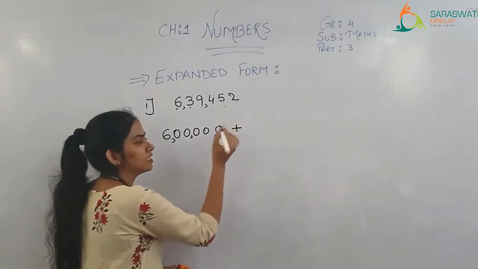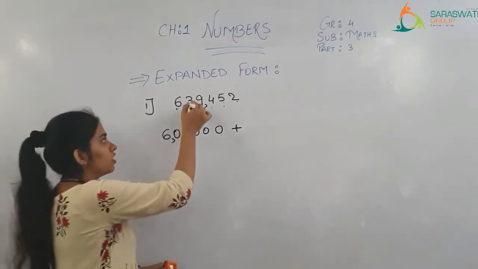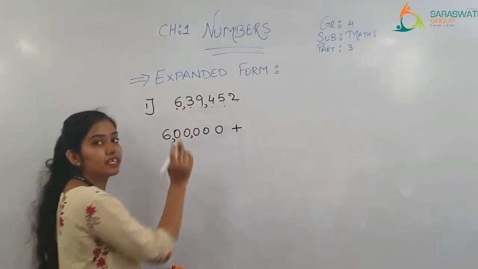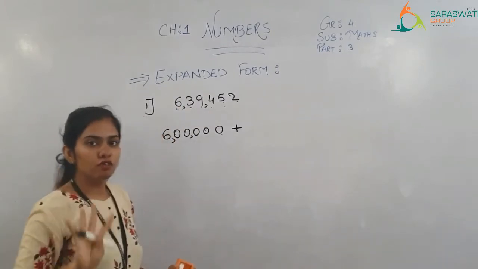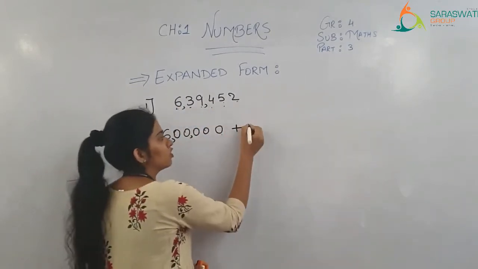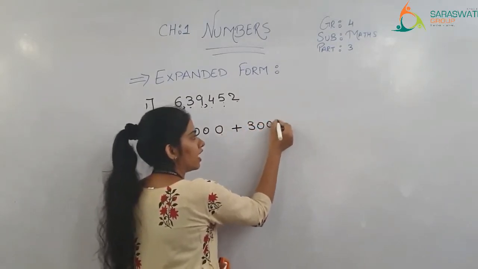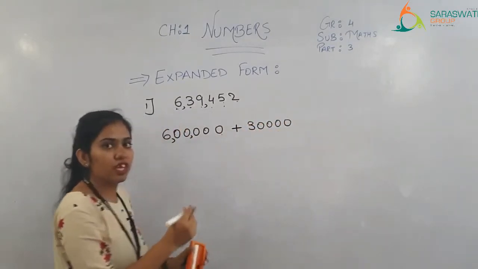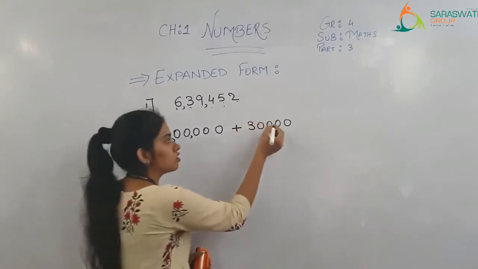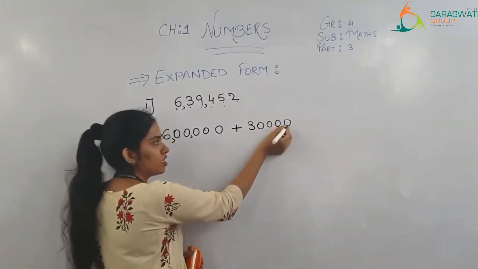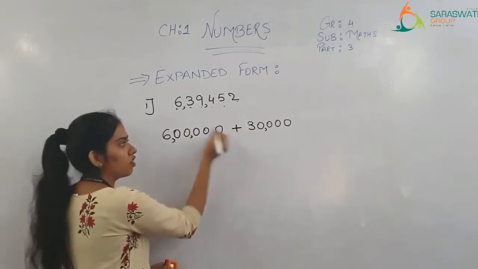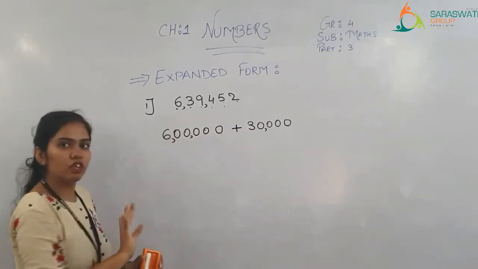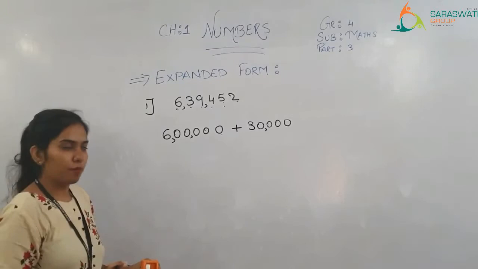Now we will put the sign of addition. Then we will go with 3. 3 is at the place of 10,000. In 10,000 we are having 4 zeros. So 3 followed by 4 zeros, we get 30,000. So again, ones, tens, hundreds and then comma. After that we are not having any more digits, so we will not give any commas.